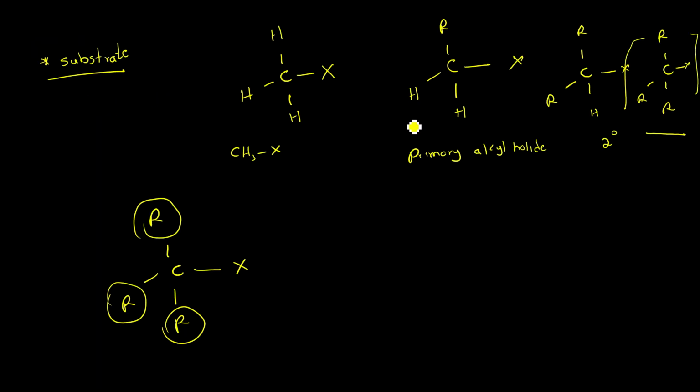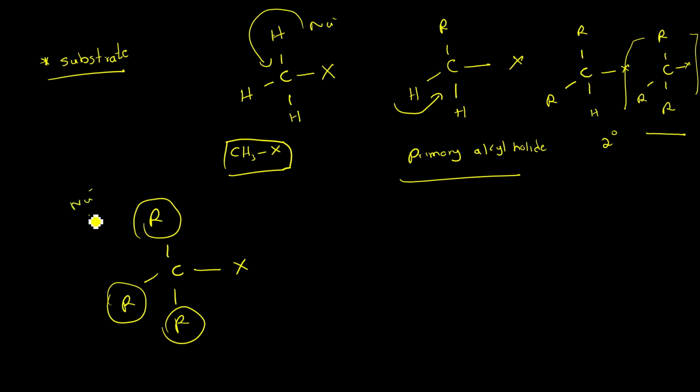SN2 would be preferred for a primary alkyl or very simple molecules, because the nucleophile can reach this carbon very easily, as there is no strong electron field around these small molecules. Here also with this primary alkyl, there are possible paths to connect with this carbon. But when you have tertiary alkyl halides, your path is blocked by these electron fields.